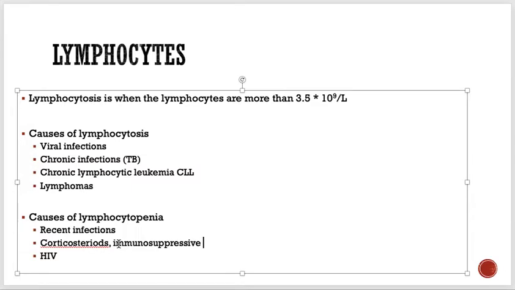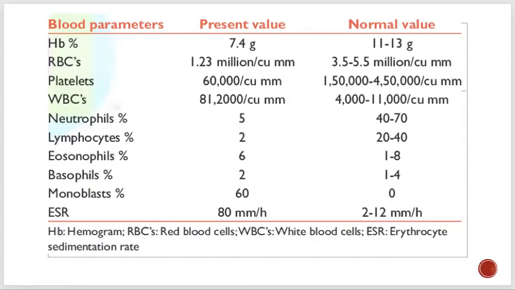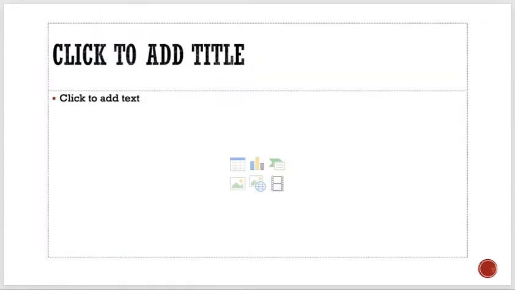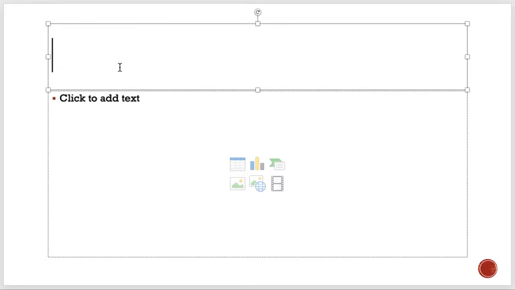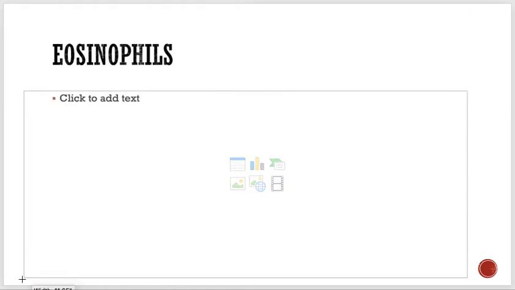After that, the next cells which we are going to study are eosinophils and basophils, right? So eosinophils, as you can see, are not too much in the blood usually, but they do play important roles in the body.